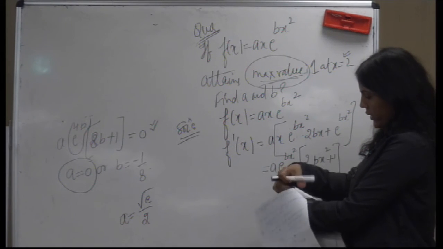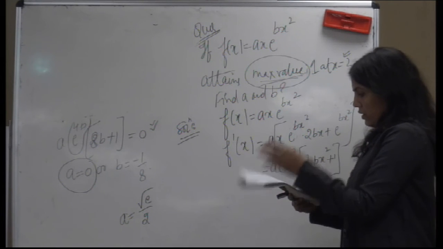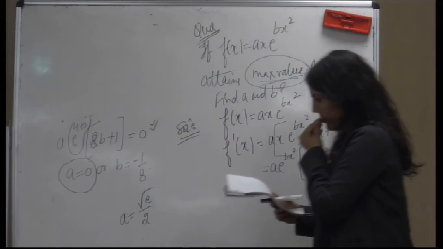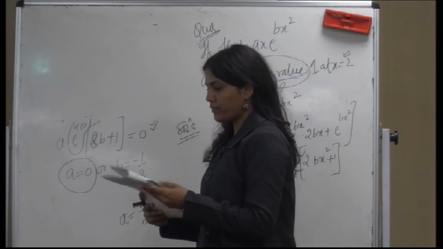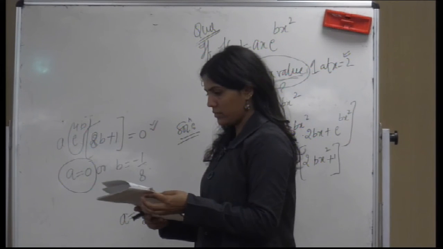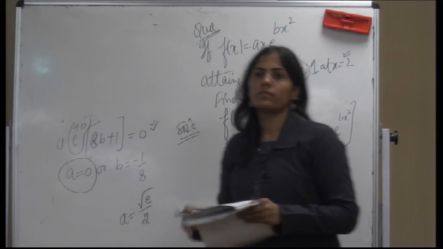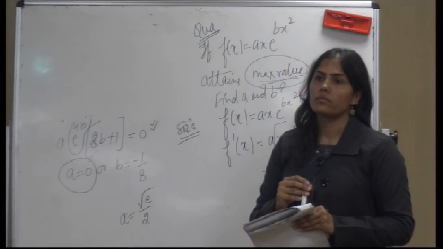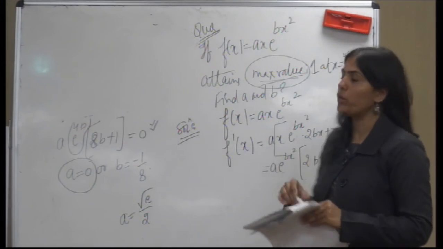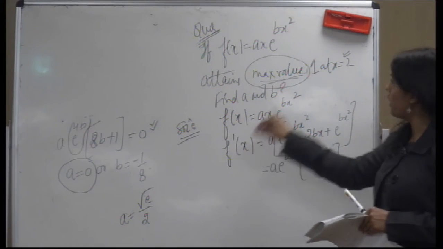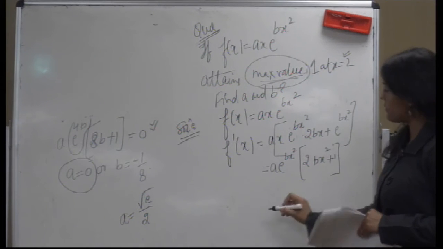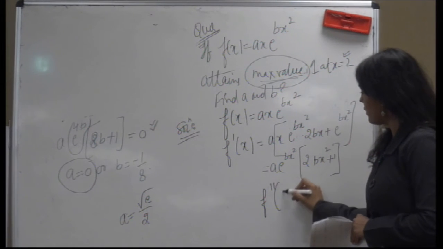Are you getting it? Negative? I think you can try this at home, f dash 2, 100% it should be less than 0.